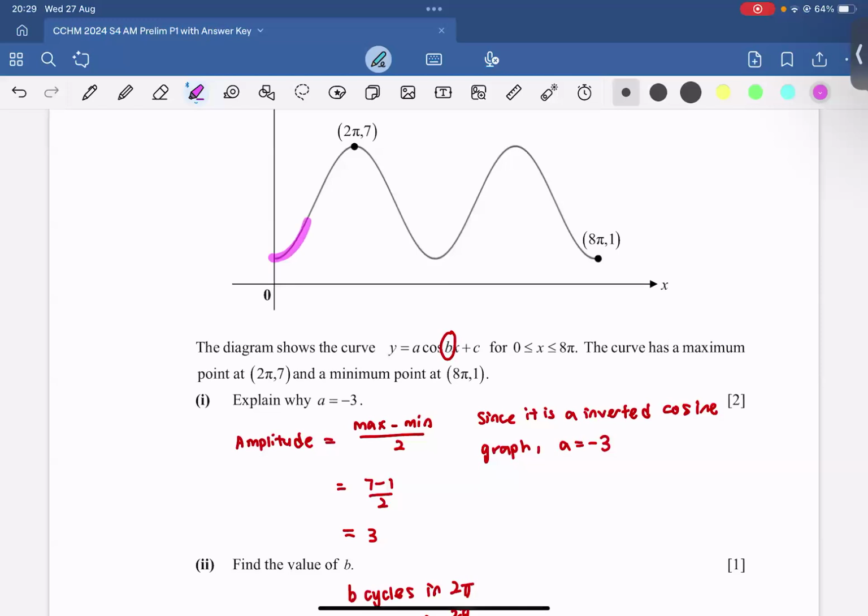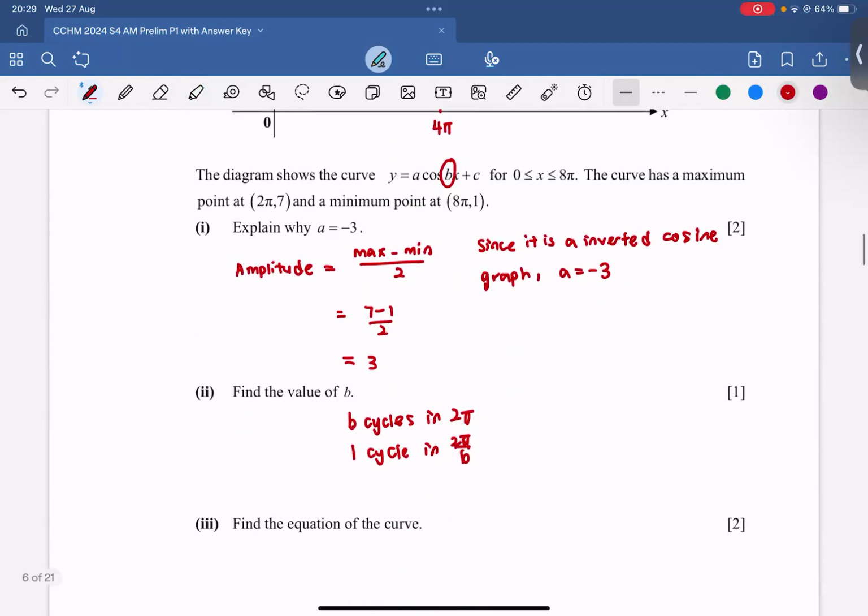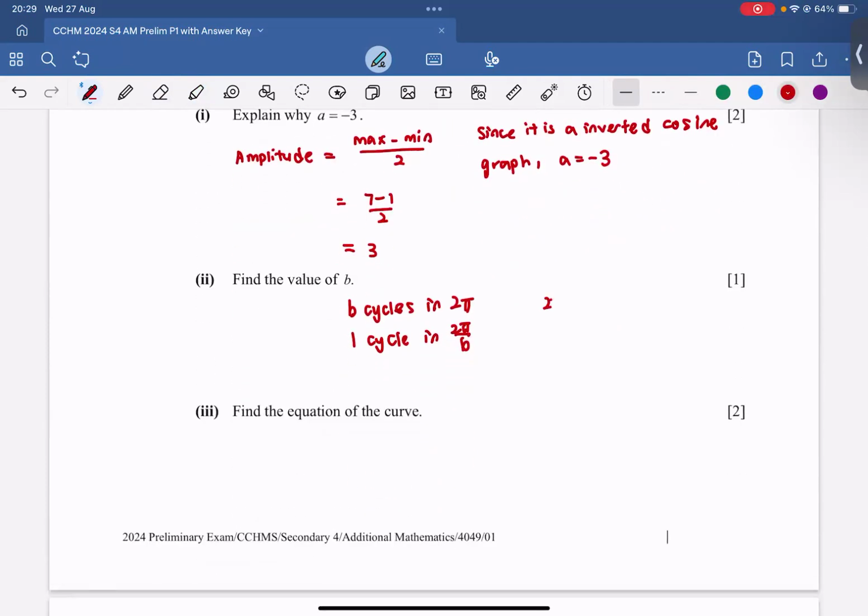So our one cycle is from here until here. Oh no. Okay, so this is our one cycle. And you can see this is actually the next cycle. Okay, so one cycle is actually completed in 4 pi. So now we know 2 pi over B is actually equals to 4 pi.